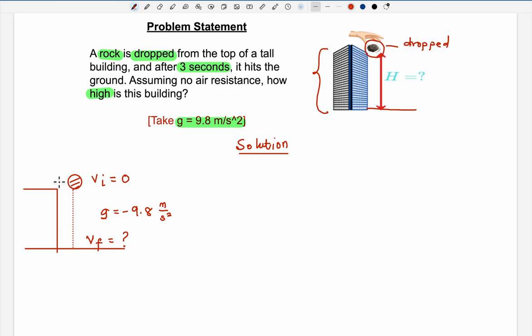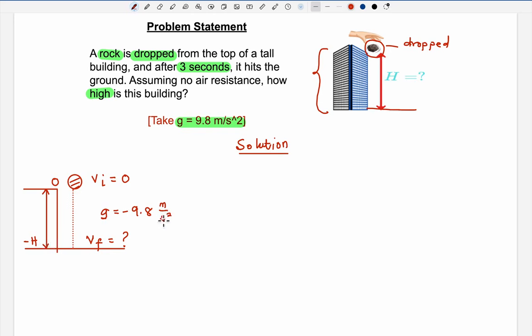Now, we can place our origin over here such that the height traveled at the bottom here is going to be our h. In this case, if our origin is here, downwards it's going to be negative h.